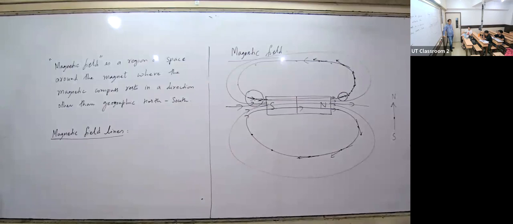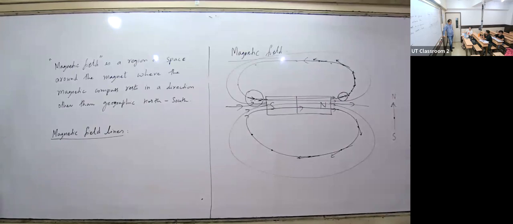Why is it so? Because when a magnet is freely suspended, it points to the geographic north-south.